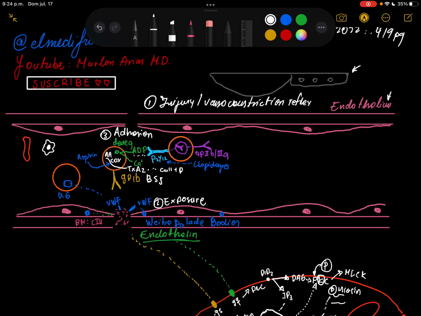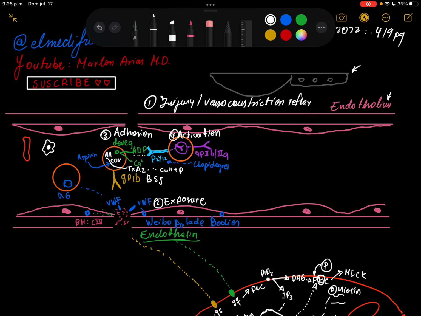before we continue, the P2Y12 step we're going to call activation. Okay, and the expression of the receptor GP2B3A.